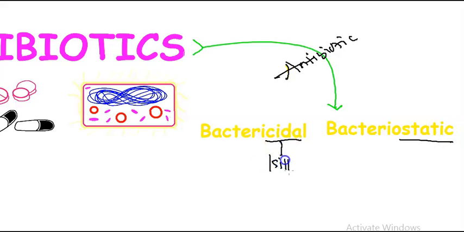The static means to stop. If you combine the whole word, the bactericidal antibiotic is simply the type of antibiotic that kills the bacteria, and the bacteriostatic antibiotic is simply the type of antibiotic that stops the growth of bacteria.